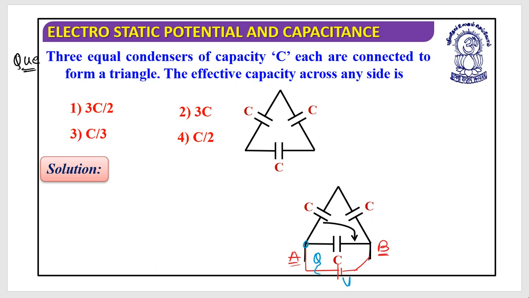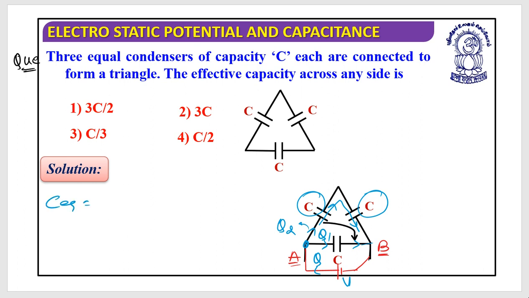If my charge is reaching here, it has two alternate paths: one is Q1, another is Q2. Q2 does not have any option, it needs to move through this, and Q1 will meet up here. So this capacitor and this capacitor, these two are in series.